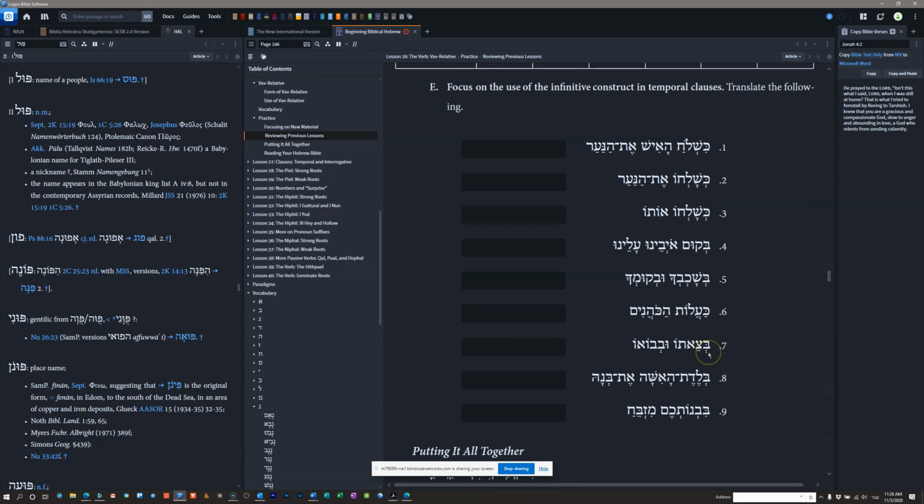All right, let's look at, I guess we'll do number 6. They all look pretty much the same length. So, Vayehi lifnei zovhu. So, and it happened before to sacrifice, so before he slaughtered the sacrifice.